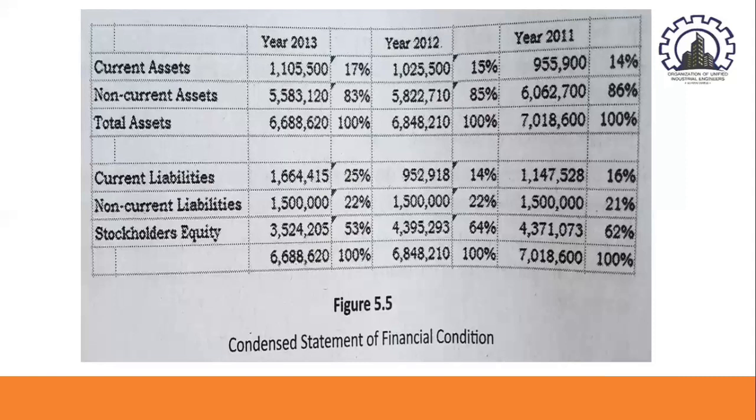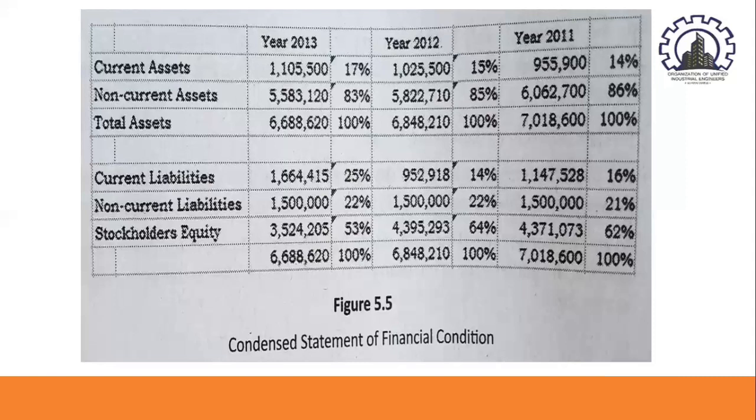And for non-current assets, 5,583,120 divided by total assets 6,688,620, and the result is 83%. Now for current liabilities, 1,664,415 divided by total assets of 6,688,620, and the result is 25%.